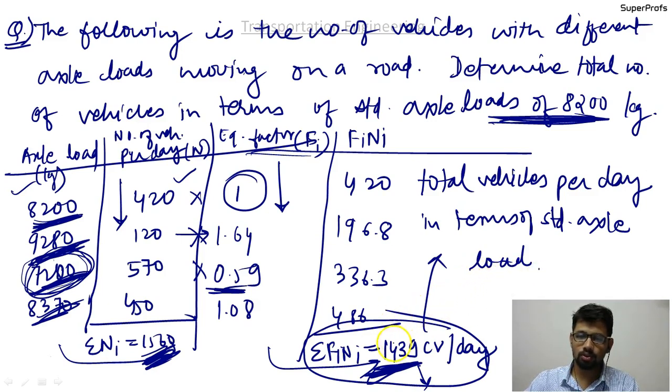The vehicle damaging factor will be equal to summation FiNi, that is the number of vehicles that we have now, upon summation Ni. So this is what the vehicle damaging factor is.